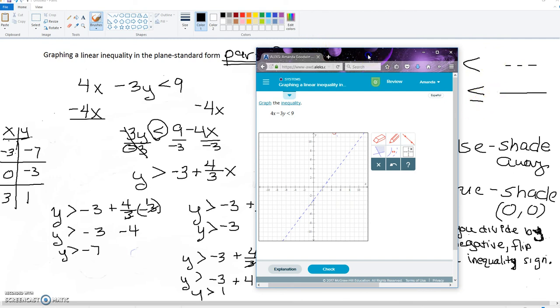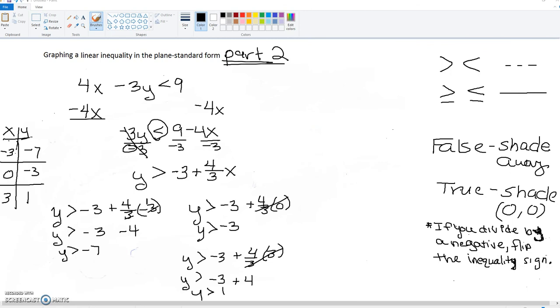So now we've got to figure out what side to shade. So I'm going to come back over here, and I'm using this equation to determine that. I'm going to substitute our 0, 0 in, because that's an easy test point.